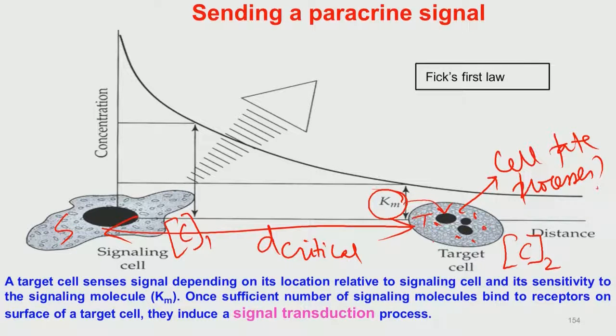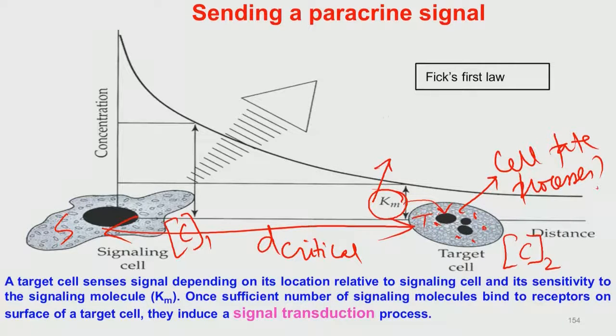Therefore, this entire process is biophysically possible if and only if the signaling cell and target cell are at a critical distance, and also a large enough concentration gradient is set up between them, so that the value of Km is above the threshold level of the sensitivity of the target cell towards that specific signaling molecule type.